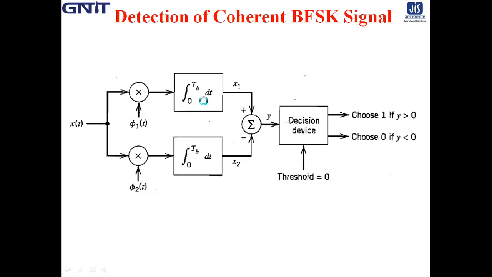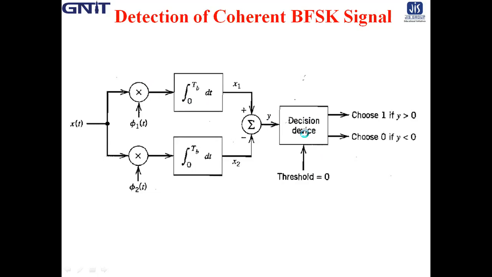The correlator outputs are then subtracted one from the other. The resulting difference, say y, is compared with a threshold of 0 volt. If y is greater than 0, the receiver decides in favor of 1.